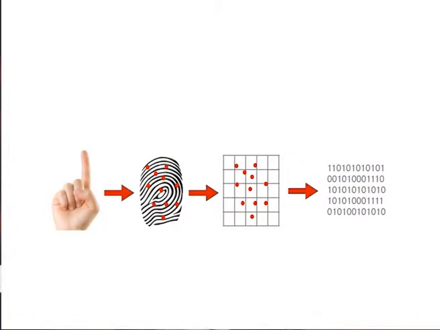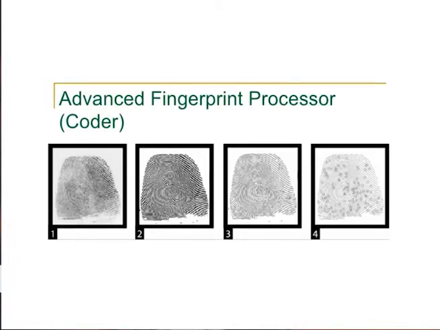The next component is the coders. The job of coders is to identify, that is, extract features from finger images such as minutiae, direction of ridge flow, distance between minutiae, and number of ridges between minutiae.